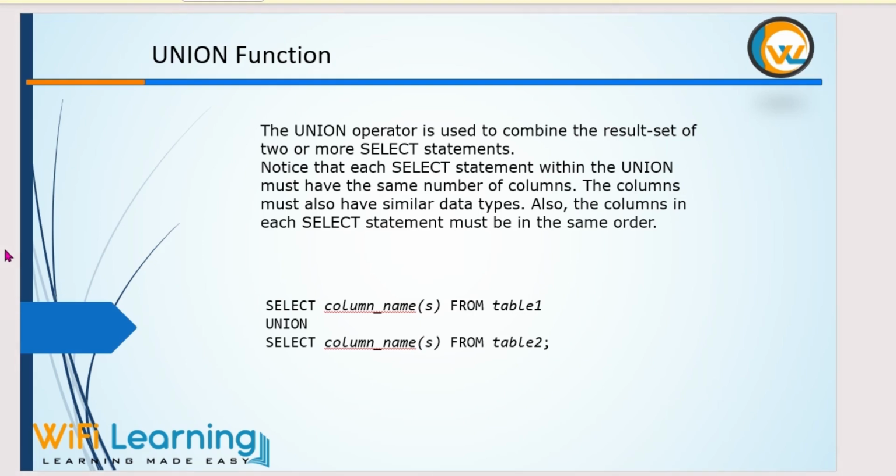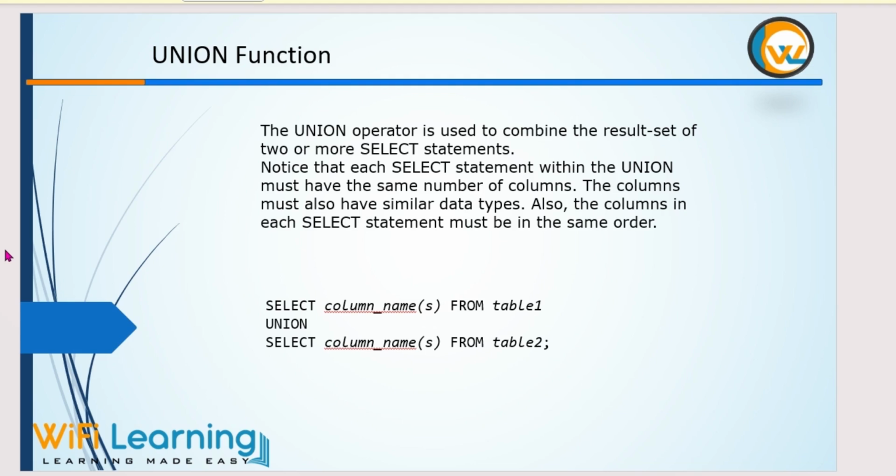There are some important points that you should remember about the union operator. It is used to combine the result sets of two or more select statements, but each select statement within the union must have the same number of columns, and the columns must also have similar data types. When we say similar, that means int and big int can be merged together, but int and varchar cannot be merged together.